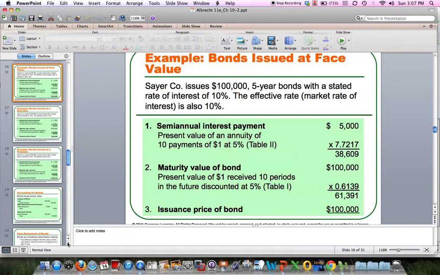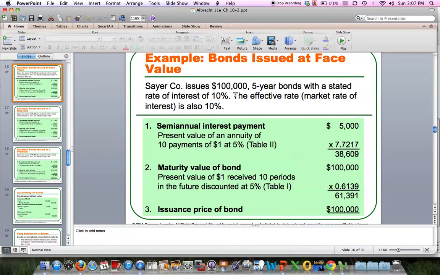So say your company issues a $100,000 5-year bond with a stated rate of interest of 10%. If the effective rate or market rate of interest is also 10%, it's real simple. It says here the semi-annual interest payment will be $5,000, and I want you to think of principal times interest times time. Remember, principal is $100,000.